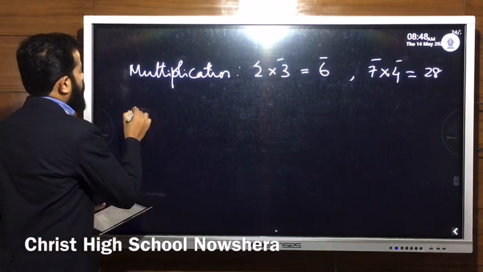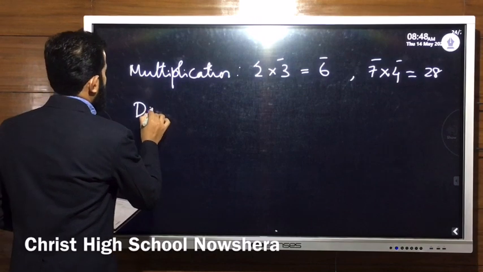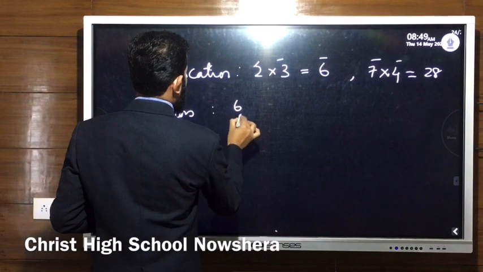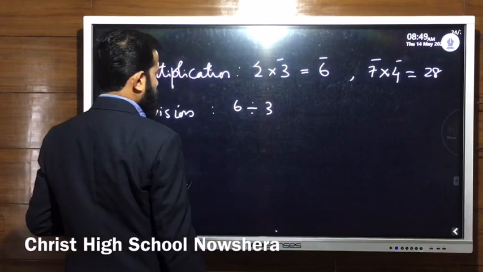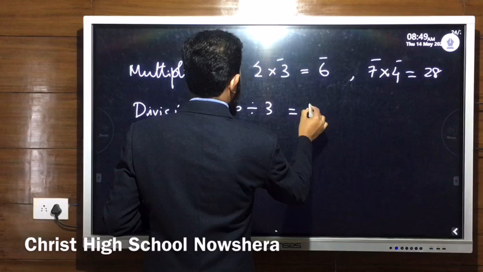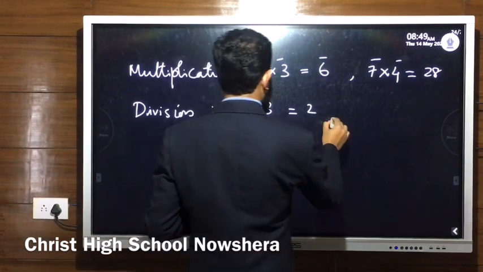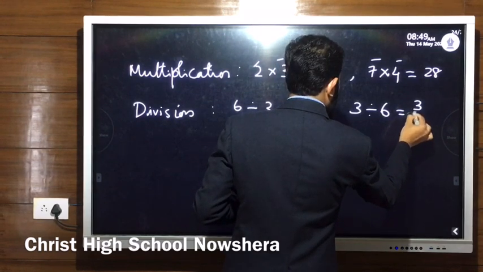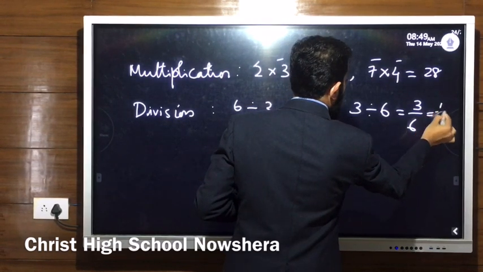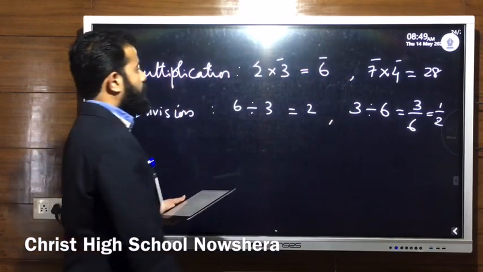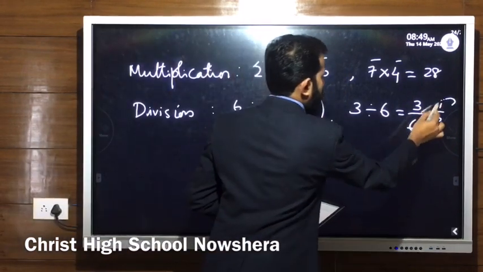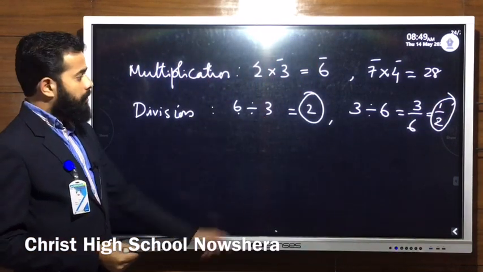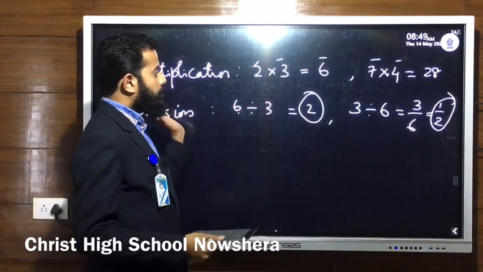One more operation is division. 6 divided by 3, which is equal to 2. Then 3 divided by 6, we can write like this, 3 by 6, which is equal to 1 divided by 2. Now we can see the two results. 6 is a whole number, 3 is a whole number, 2 also is a whole number.